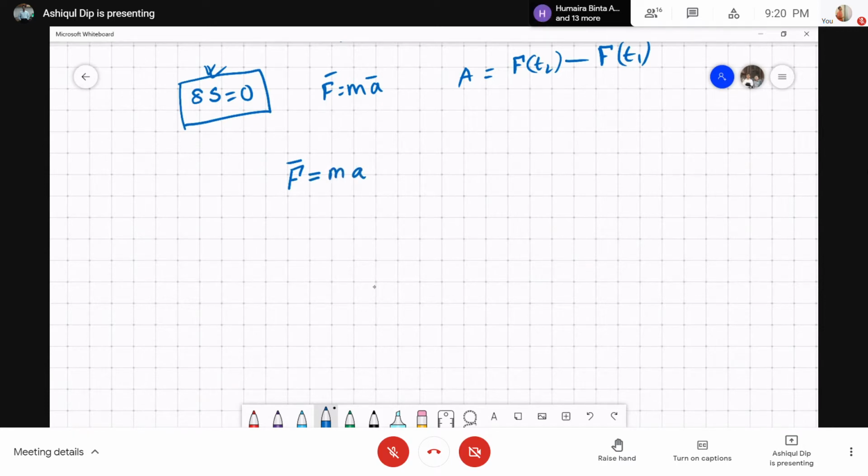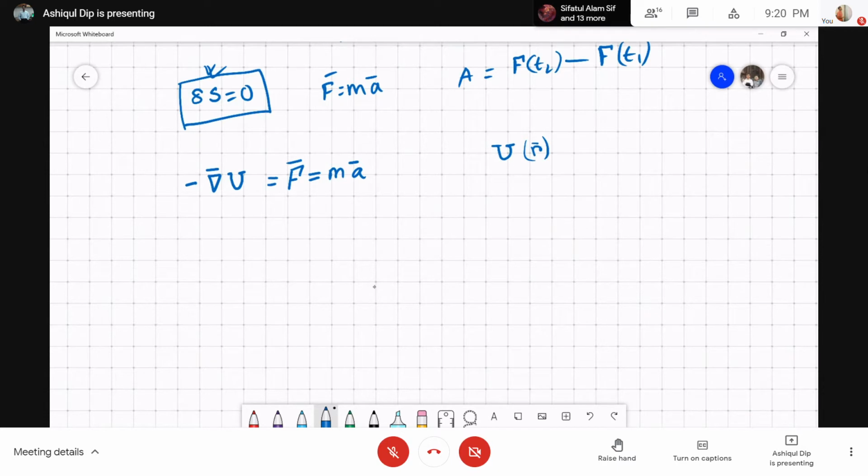force can be written as the negative derivative of some potential, right? When U is just a function of position only, not time. Yes.